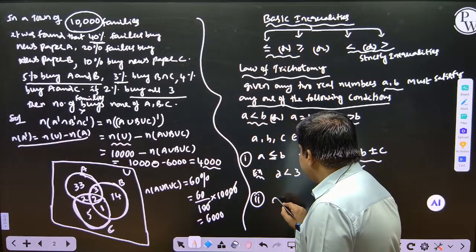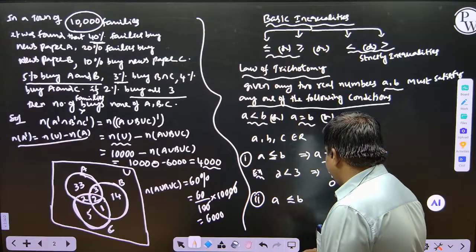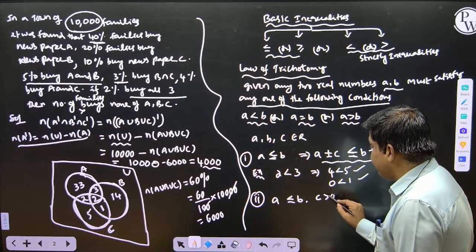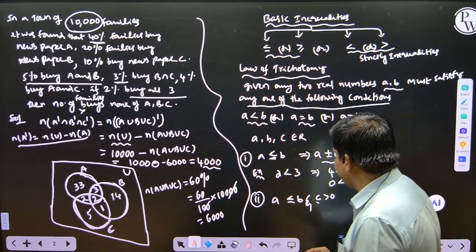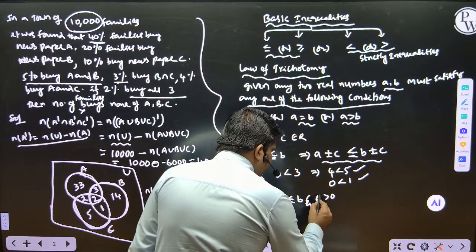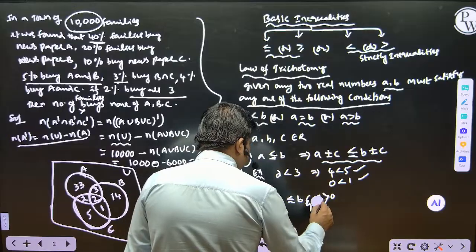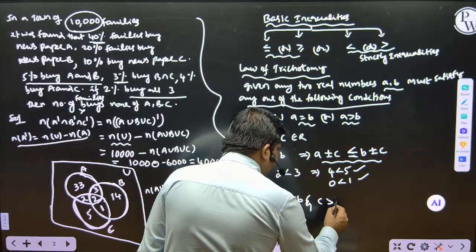Second case. For example, a is less than or equal to b, and c is a positive number.